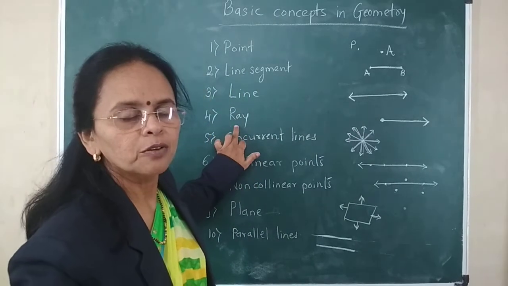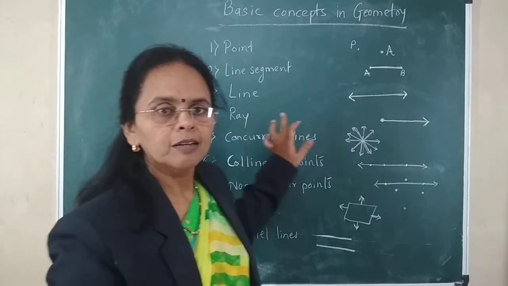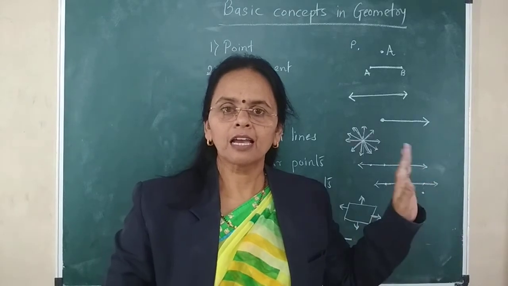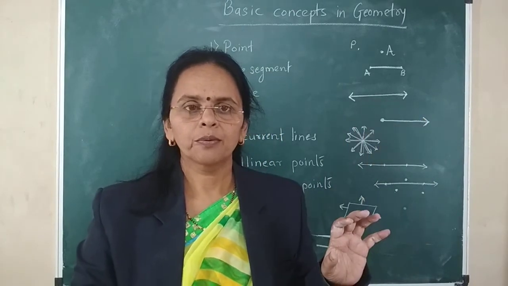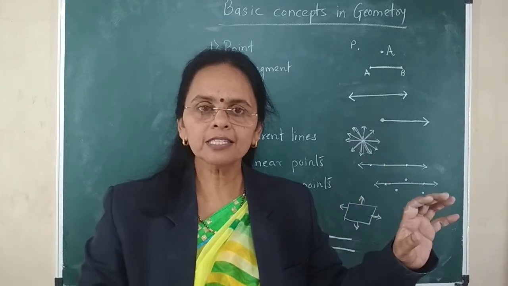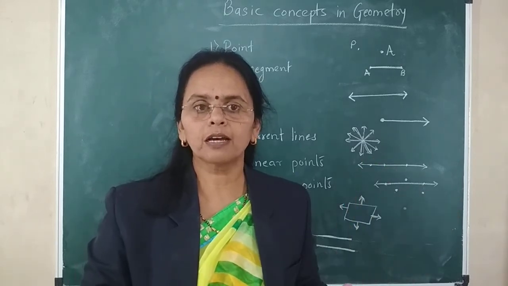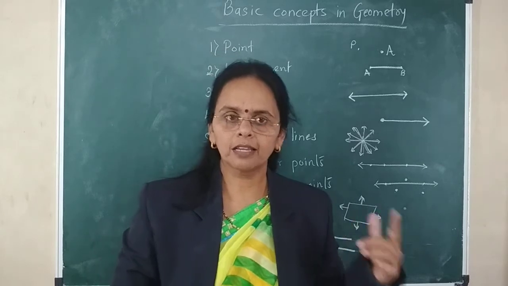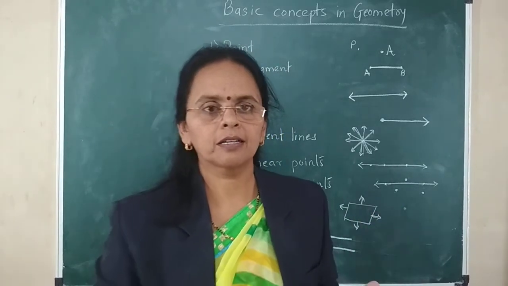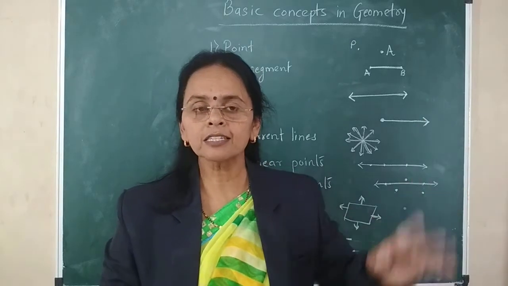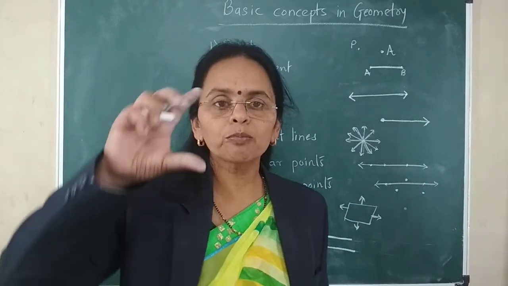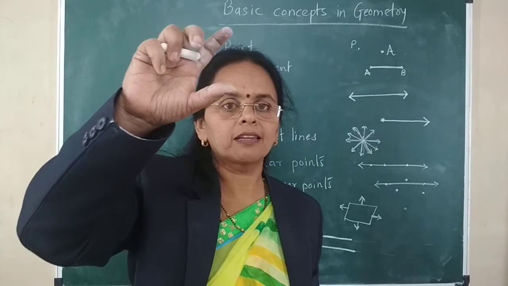Next, we'll see the ray. Previously, I told you the example of the sun. When the sun shines, the rays fall on us. So, from where does this ray start? The ray starts from the point called the sun.